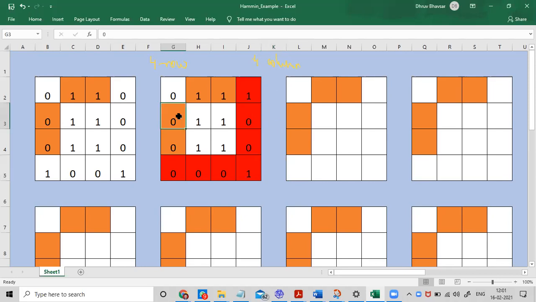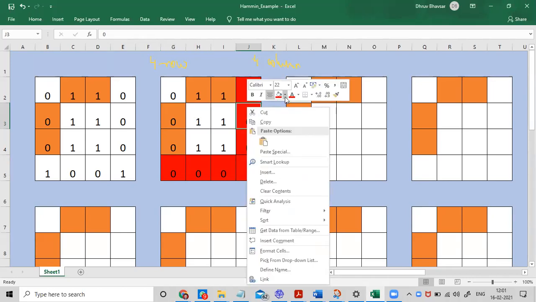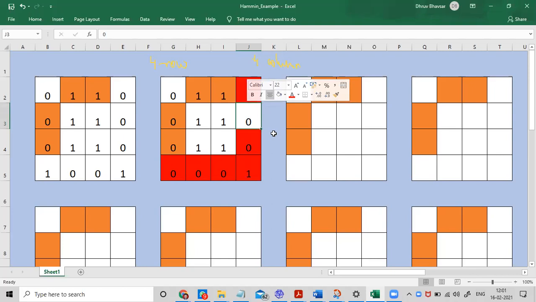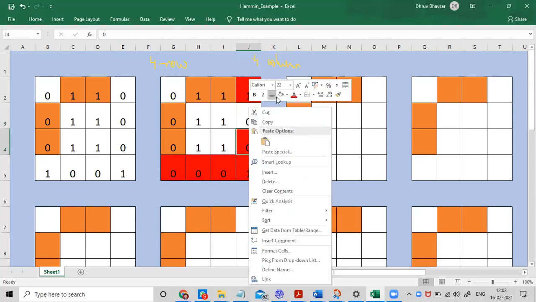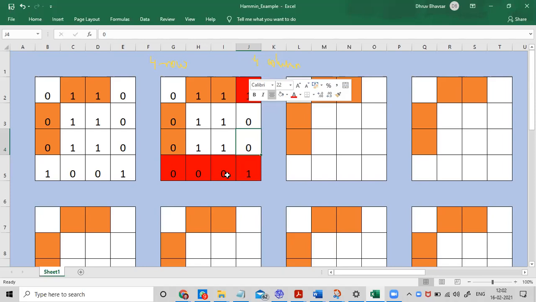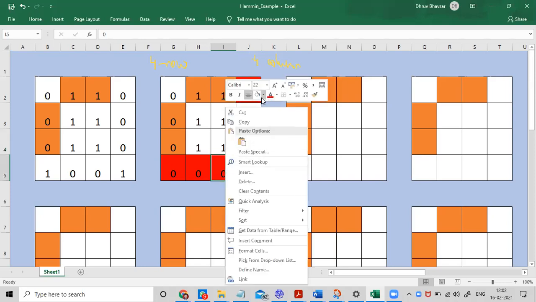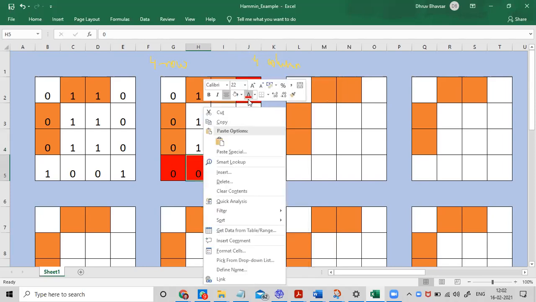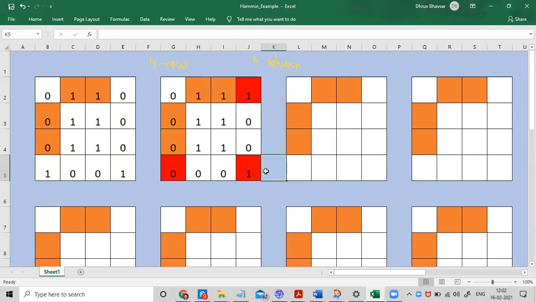Now one more thing. We also know that there is no error in this, right? So this cell can be made white. Am I correct? Yes. Because, what about this? Yes. And also the second and the 3rd column. So now my question to you is about this one.